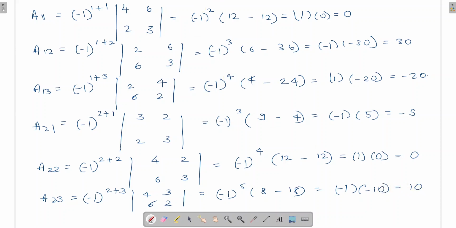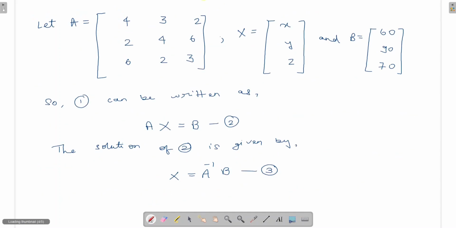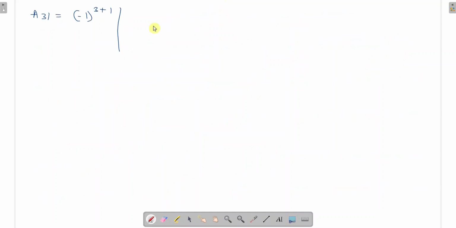Then A31, so A31 will be equal to minus 1 raised to 3 plus 1 times. Now we have to delete the third row and the first column. So 3, 2, 4, 6.